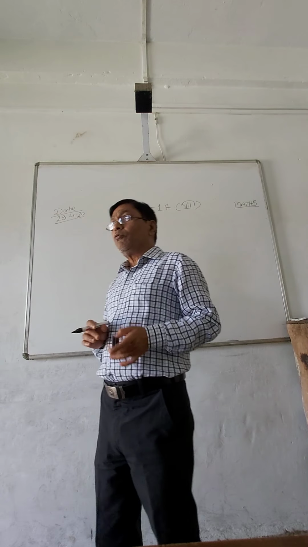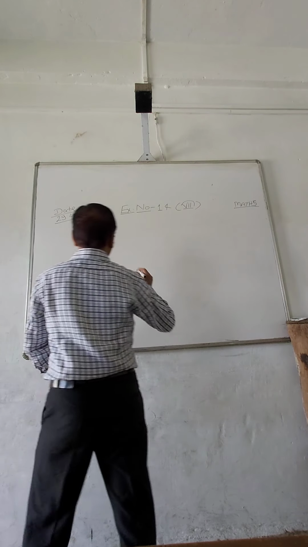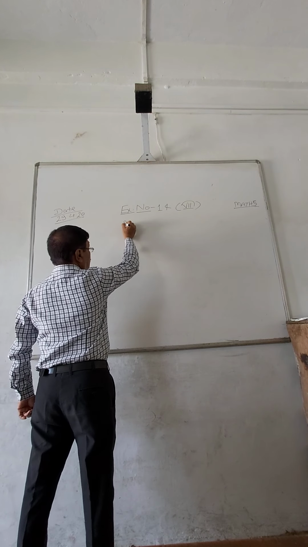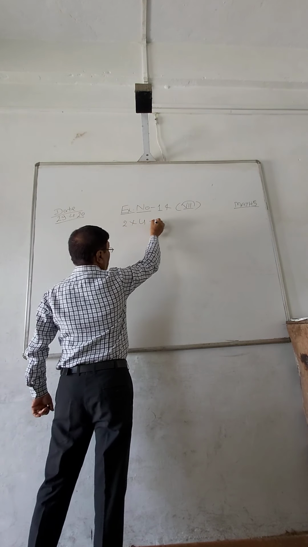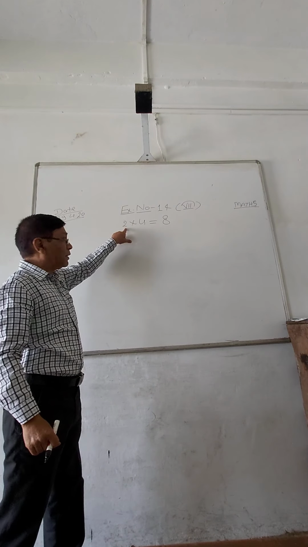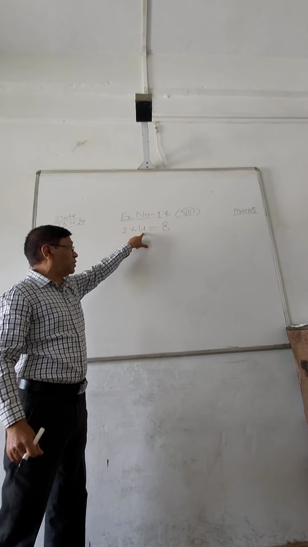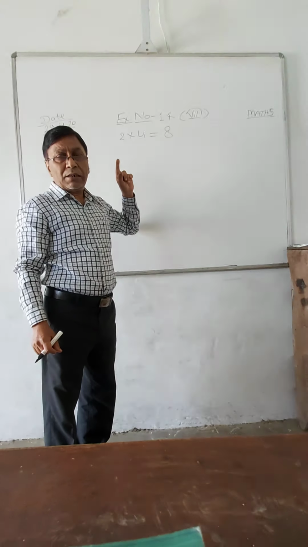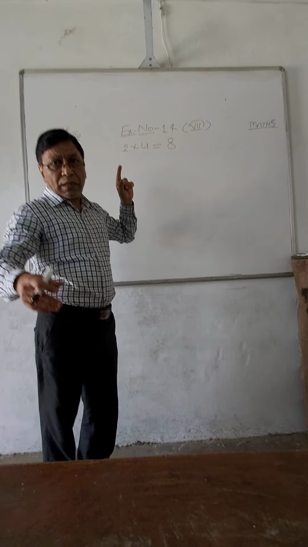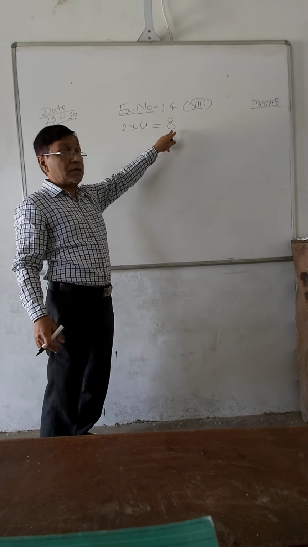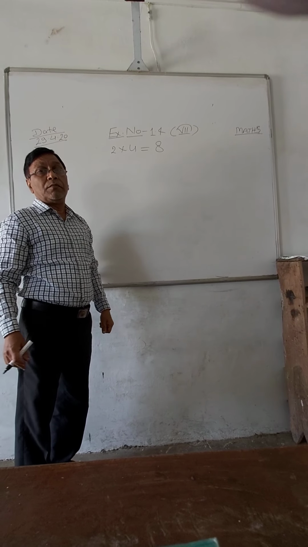So the same rule as we have seen for the multiplication. Suppose 2 into 4 is equal to 8. Now see that this number is positive and this number is positive. So when we multiply the numbers, the result also comes positive.